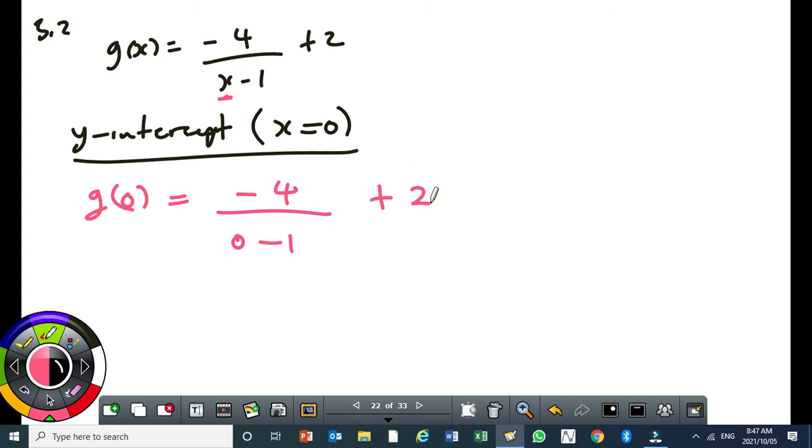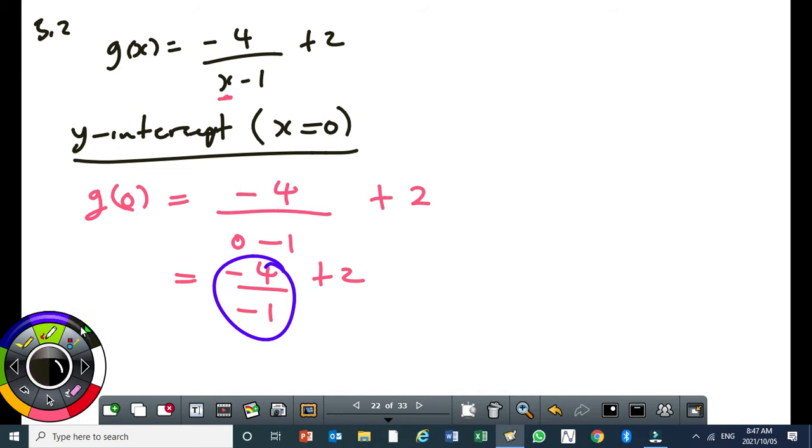Now to simplify this, it should not be a nightmare, right? The numerator is minus 4, the denominator is minus 1, plus 2. Remember, division starts first. Don't start thinking about anything else. Division starts first, based on BODMAS.